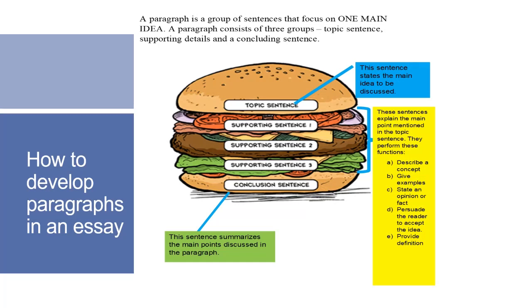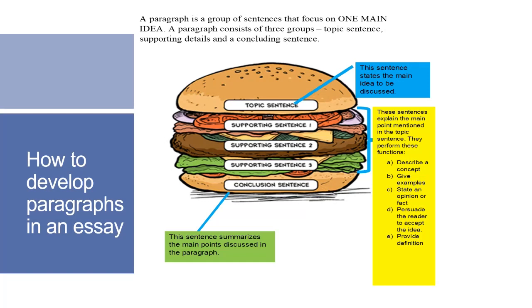Now, what would a burger be without the bun? What would the burger be without the vegetables and the cheese? What would it be without the protein or the meat portion? I don't know what you would call it. But an essay or a paragraph is similar. So a paragraph must have a topic sentence, supporting details, and a concluding sentence. Otherwise, it's not a well-developed paragraph.